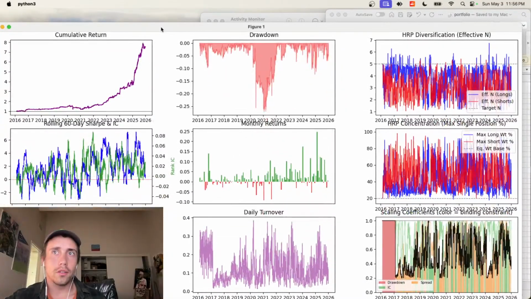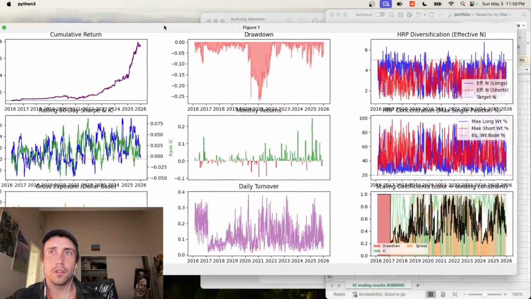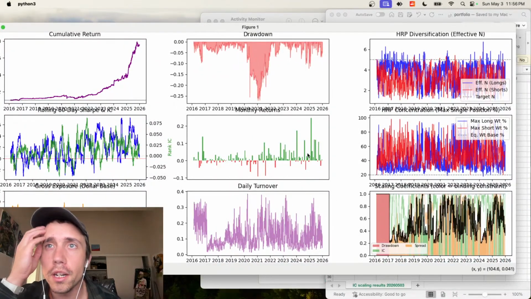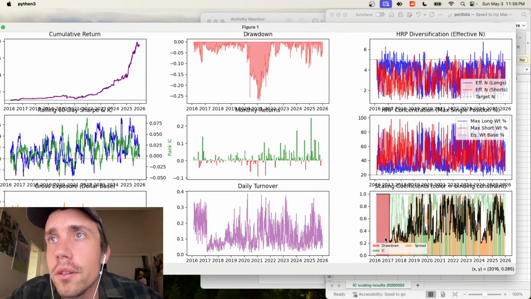Okay, so here's the results. No volatility scaling, only spread and information coefficient. So the spread isn't drawing it down that much. It does in early times. Or no, the spread is dominating.